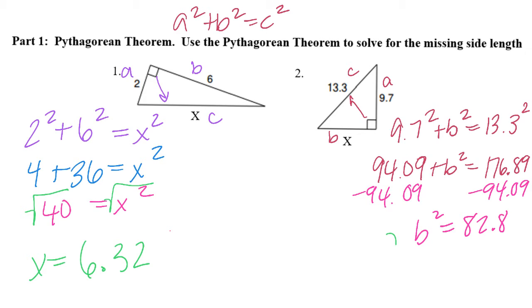We need to square root both sides to solve for B. And we get that B equals 9.099, but we're going to round that to 9.10 because the 9 makes this 9 increase.